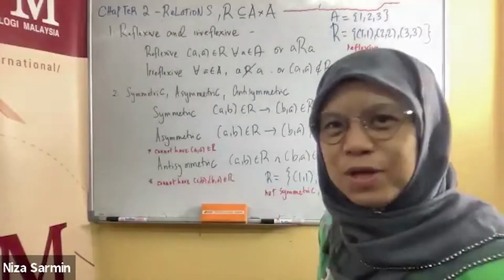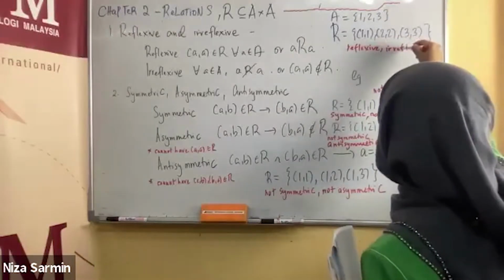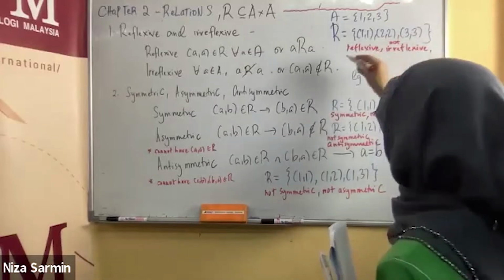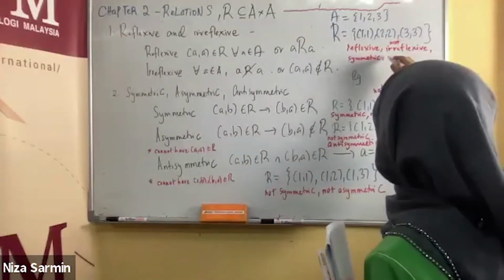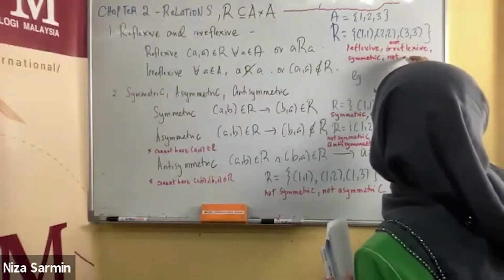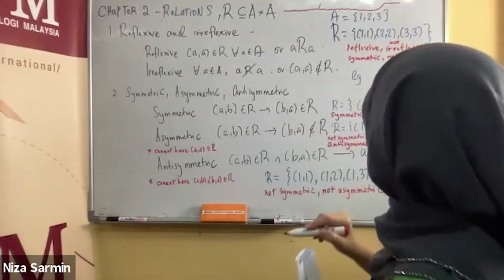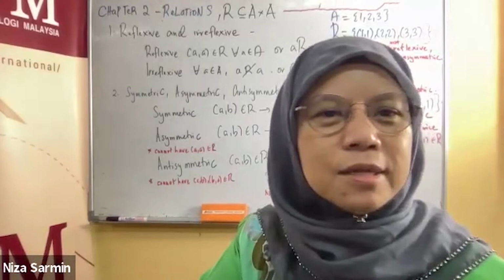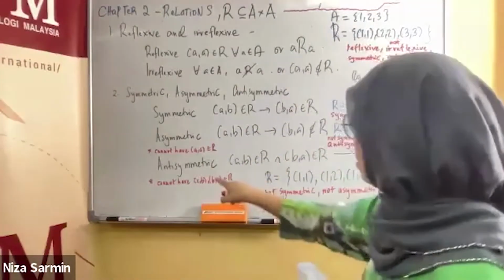It's like a Test 2 question. Not irreflexive, yeah. Symmetric. Okay, not asymmetric. The last one is antisymmetric. Who did I not call just now? Seni. What about this?